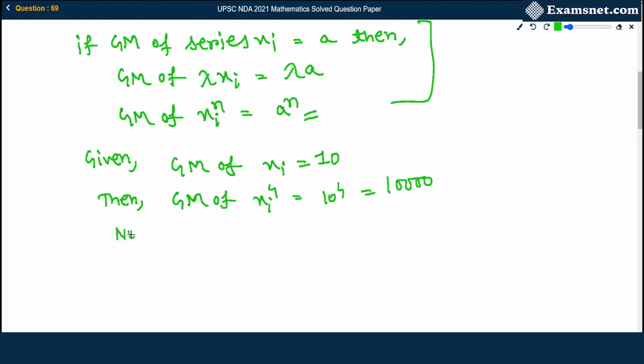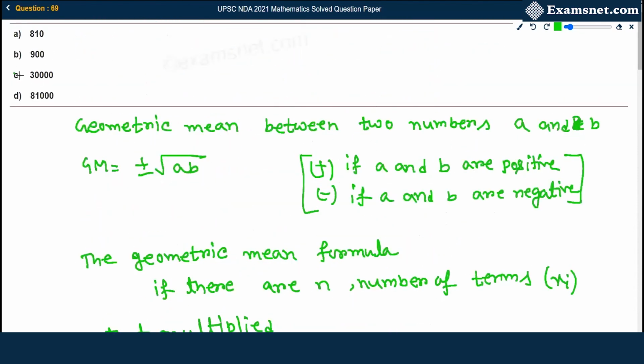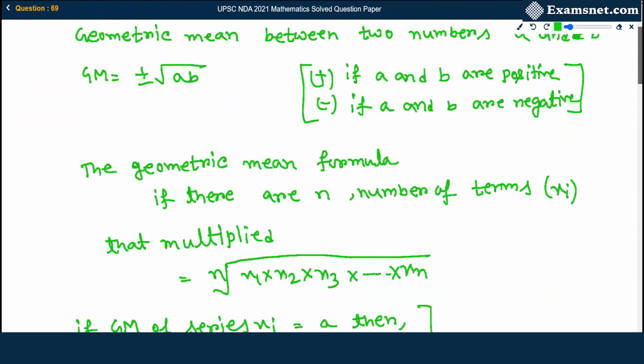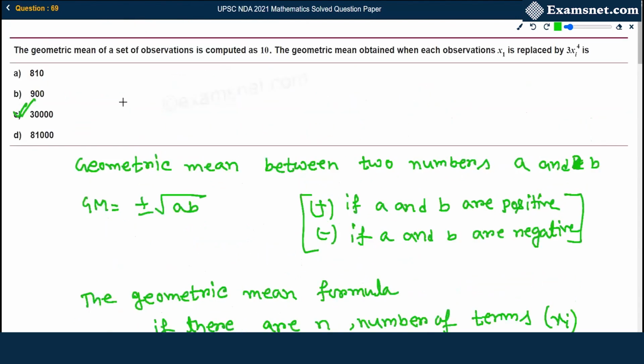And now if each observation is replaced by 3xi to the power 4, so GM of 3xi to the power 4, just like lambda, I will multiply 3. So it becomes 3000. Not 3,000, sorry, it's 30,000. Option C is the correct one.